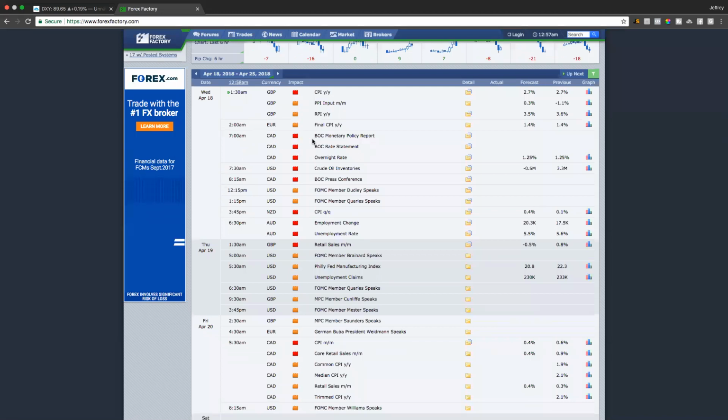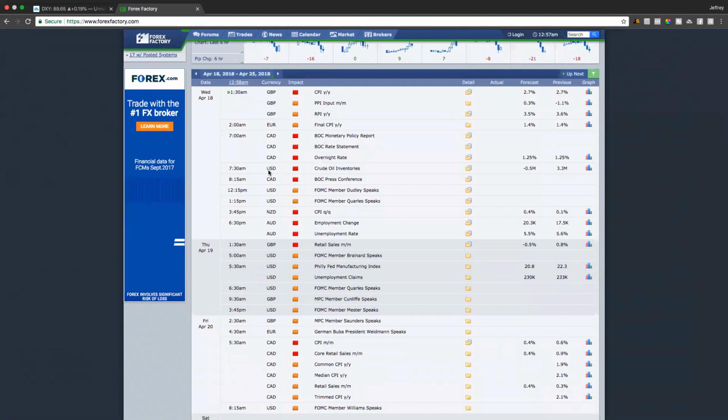All right, so we have monetary policy, rate statement for CAD. So USD CAD could be a big mover during New York session. We've got multiple high impact Canadian dollar releases.